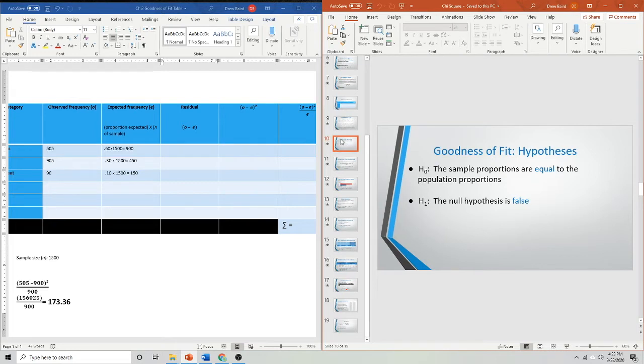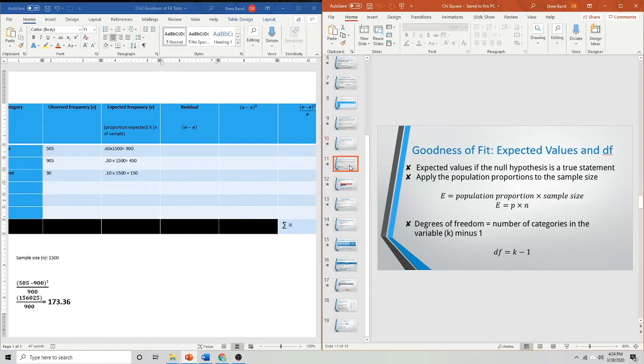So in order to make a hypothesis for a chi-square test, your null hypothesis is simply that the sample proportions and the population proportions are approximately equal. And the alternative is that they're not. There is a statistically significant difference between the sample proportions and the population proportions.